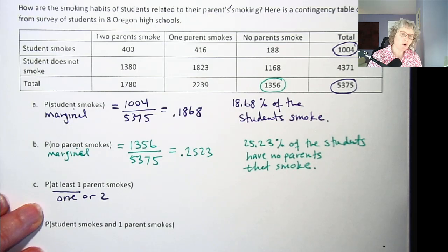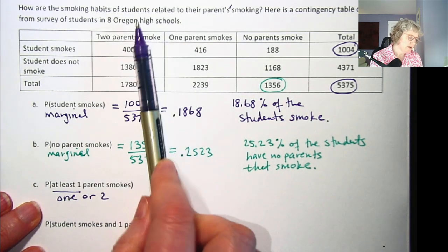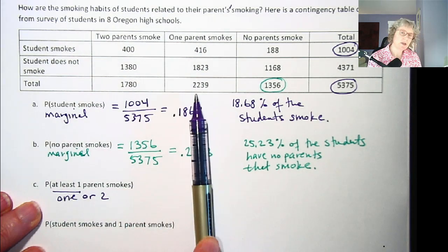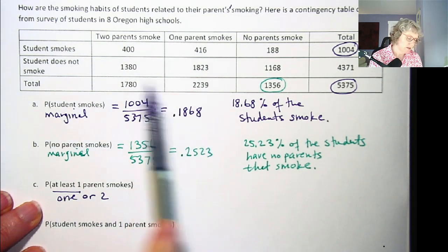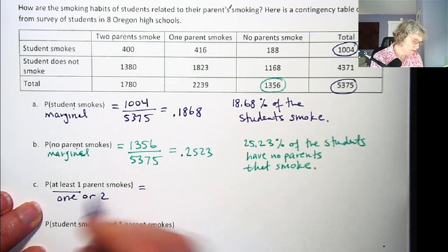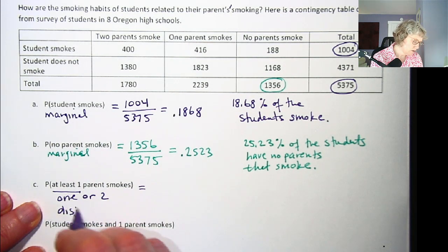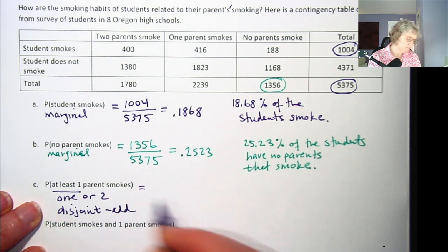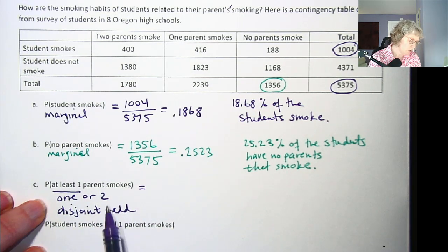So this is kind of an or probability in disguise, but because they're 2 columns, they're disjoint. There's no overlap. So we can go ahead and add those together.